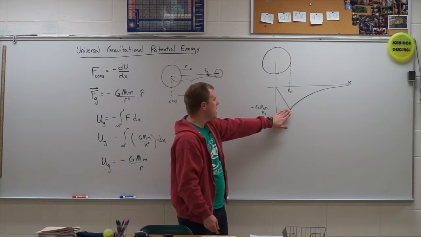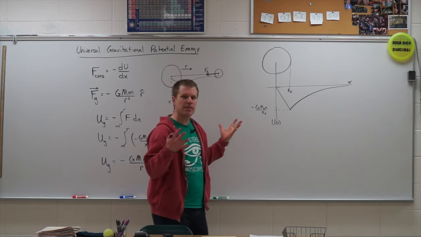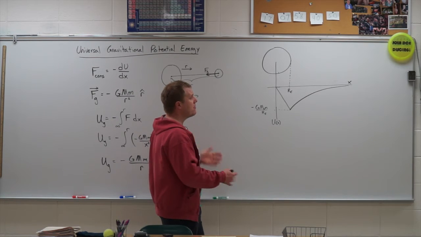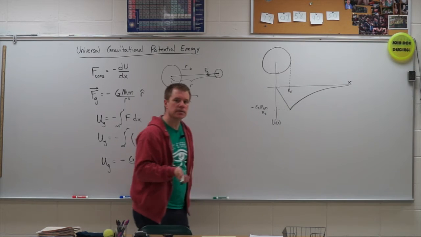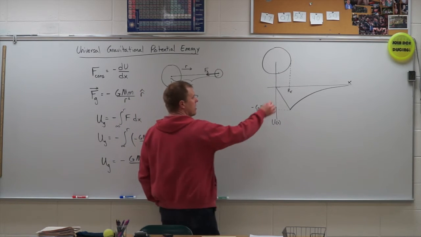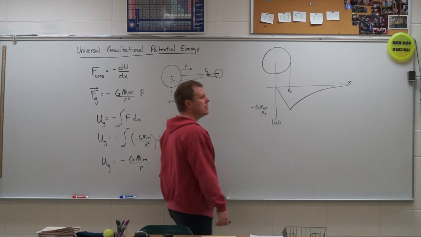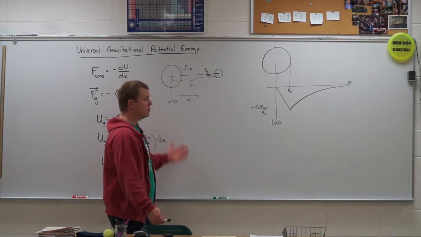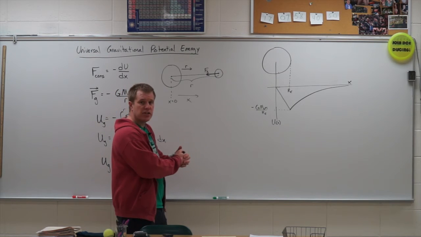And if you go inside a sphere, your potential energy also drops off to 0. And the nice thing about this is our graph has values that are finite. Okay? So we have a 0, we have a finite value here, and then as we go off to infinity, it just approaches 0. Okay? So this is what our gravitational potential energy looks like.